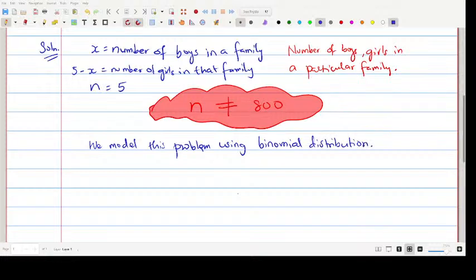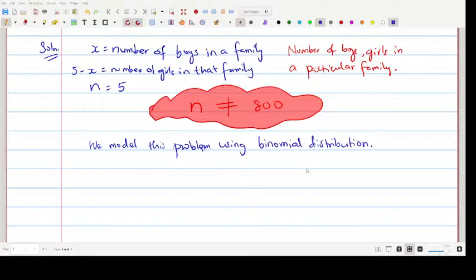Okay, so I would want you to go back a few moments in your life and try to recall what are the different parameters that we require in a binomial distribution.